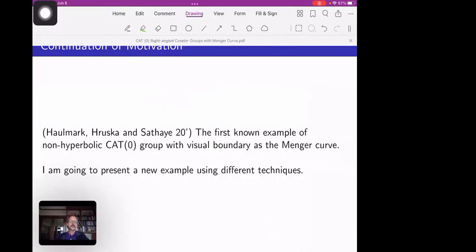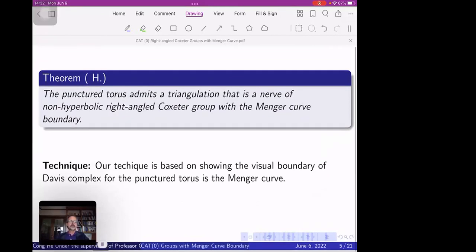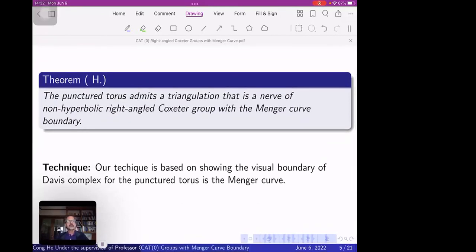In this talk, I'm going to present a new example using different techniques. My result is that the punctured torus admits a triangulation that is the nerve of a non-hyperbolic right-angled Coxeter group with a Menger curve boundary. My technique is based on showing the visual boundary of the Davis complex for the punctured torus is a Menger curve.